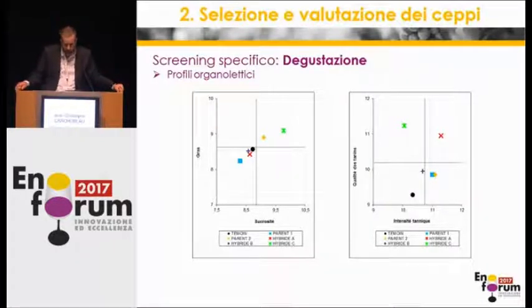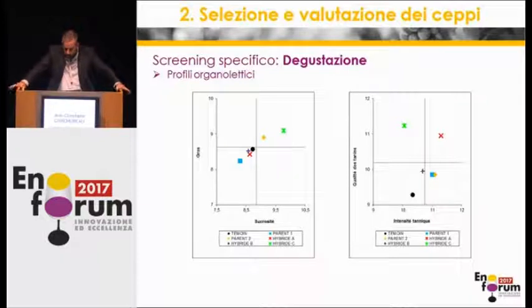In terms of the perception in the mouth, you see enjoyability and tannin compared. Hybrid C seems to stand out very clearly with a much more marked minerality compared to the parents on the left-hand side.